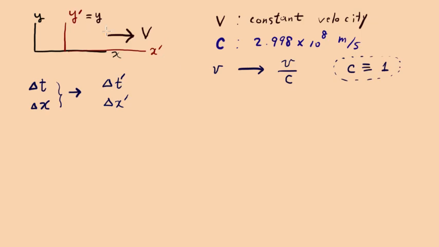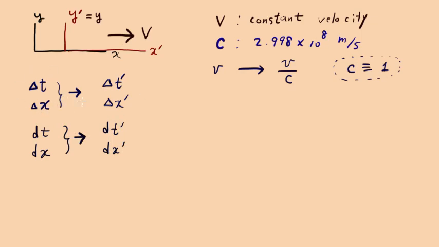Before I go further, let me actually make these delta t and delta x very, very small. Technically I'm doing calculus, but there's no mystery to it. You just take delta t and delta x very, very small, so that you can write this as dt, dx. And these two quantities can be written as dt prime, dx prime. So it's the same sort of question.